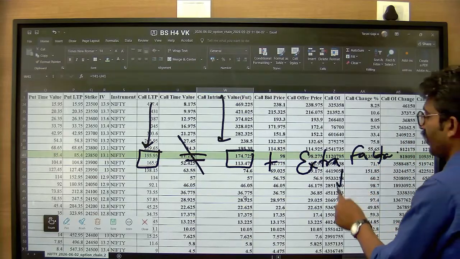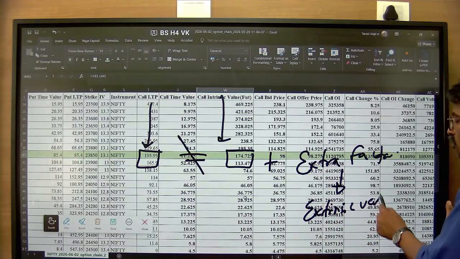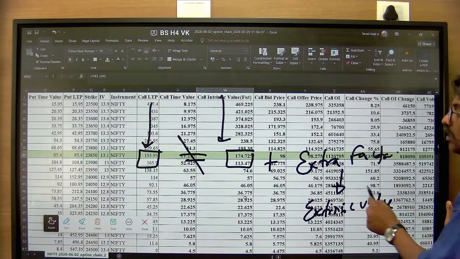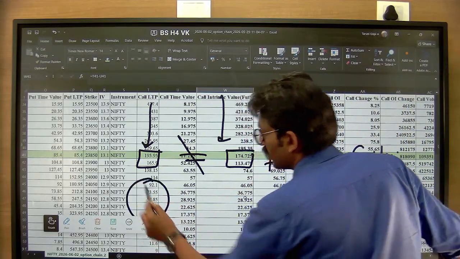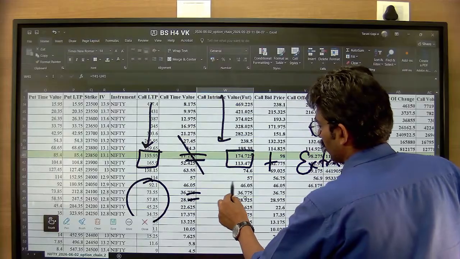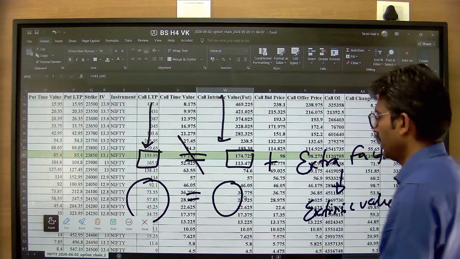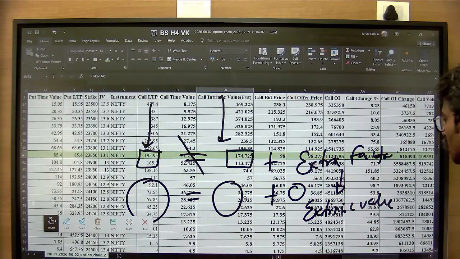And that extra factor is known as extrinsic value, which has two components. If you look at it in terms of a diagram, if this is the price, then this component plus some other component becomes a full balloon, a bubble.